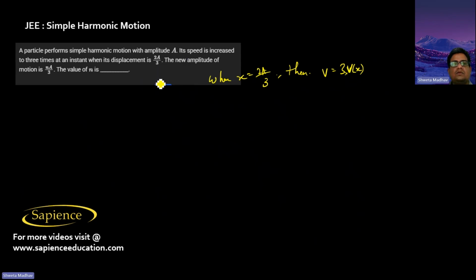Then the new amplitude of the motion, which is A dash, will be equal to n A by 3. And the value of n will be found.